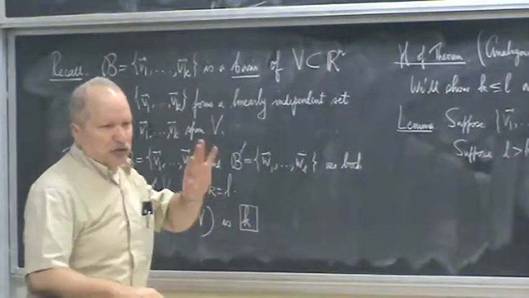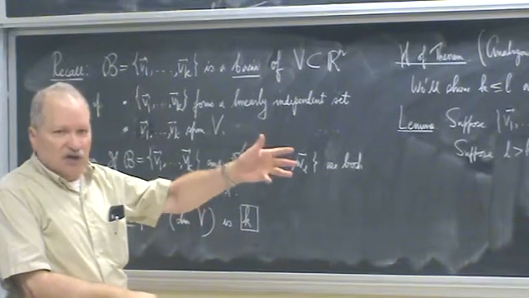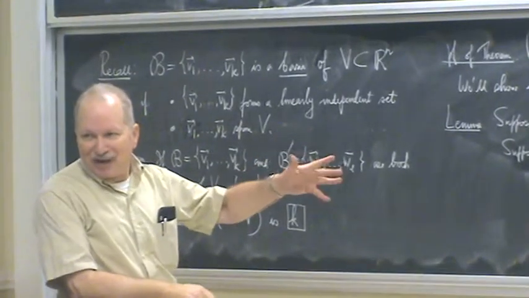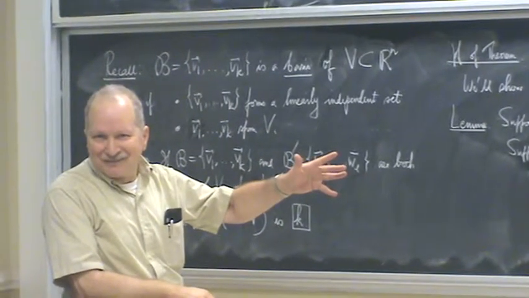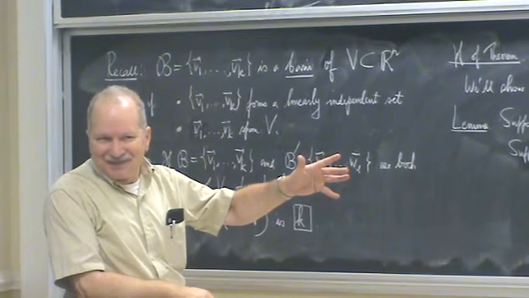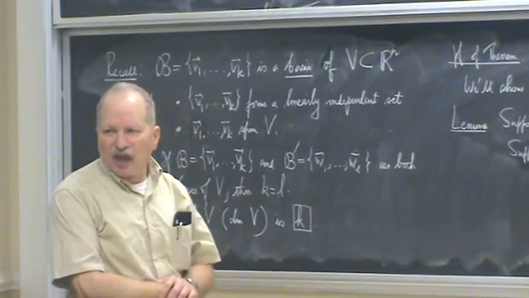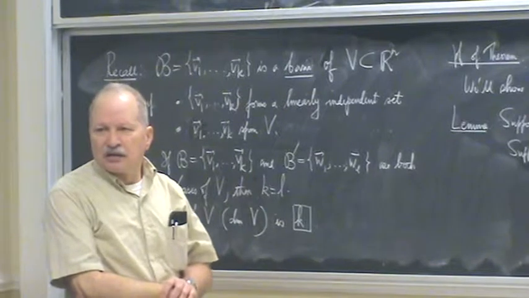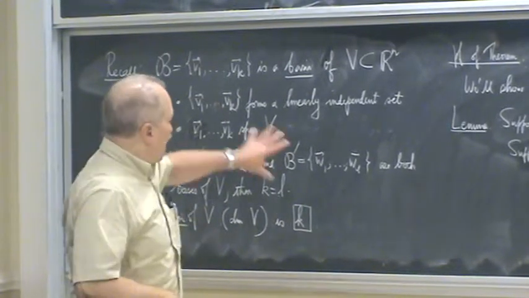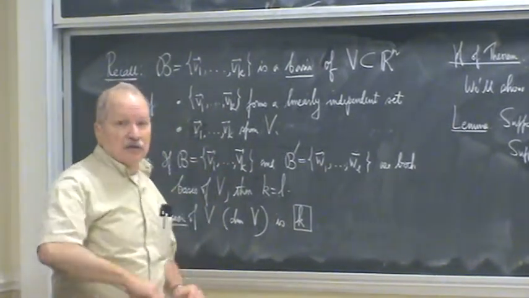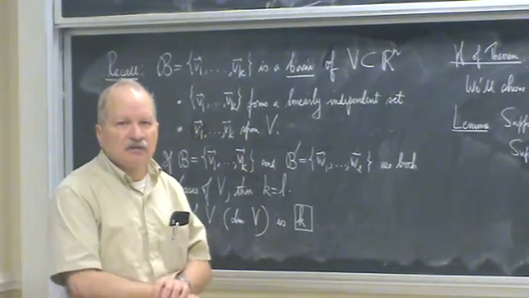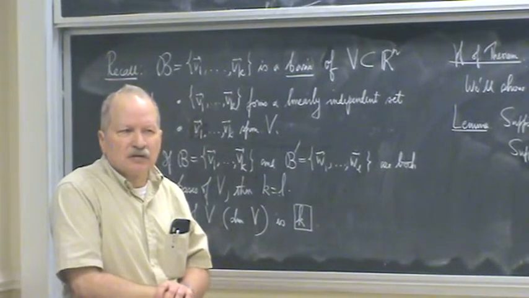So if you're in R3, and you believe that R3 has dimension 3, well, why does it, by the way? Why does Rn have dimension n? If you buy this theorem, because it takes at a minimum n linearly independent vectors to span.